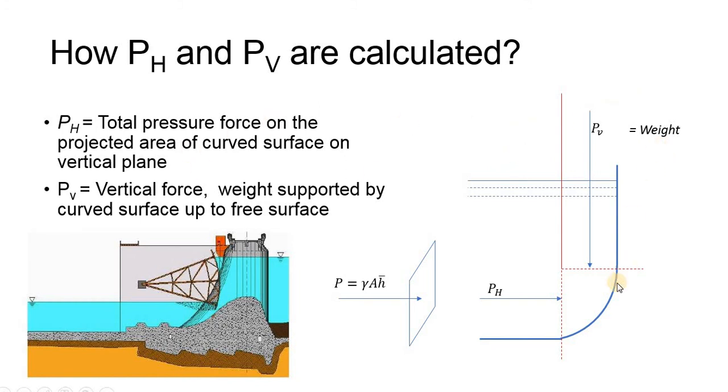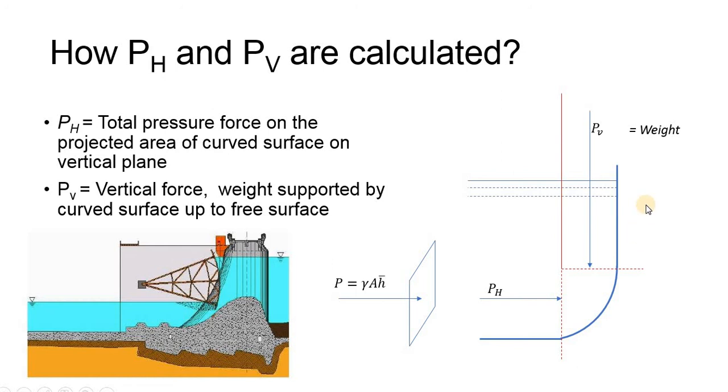Now weight is calculated as gamma into volume, and the volume part would be very simple to calculate here. It's the unit width or the length. If it is unit, you multiply 1 to area, or if the width or the length is given, you just multiply that length to the area part. That's how you'll get volume.